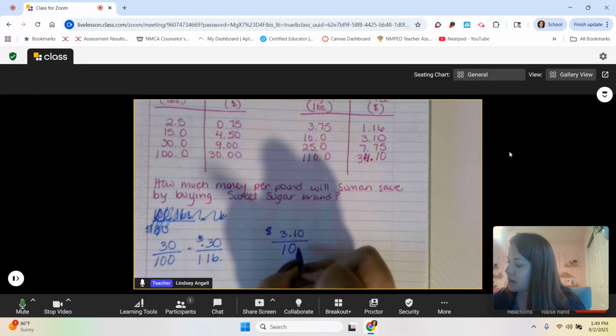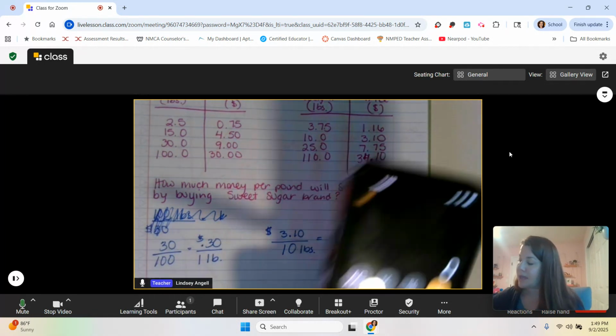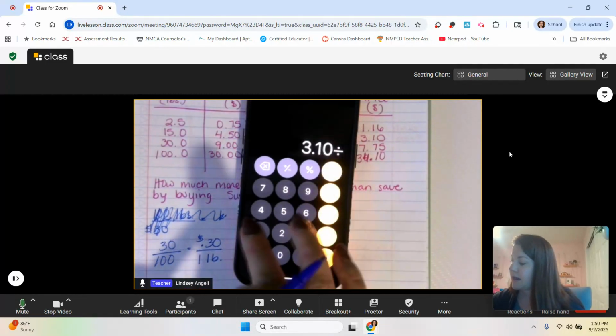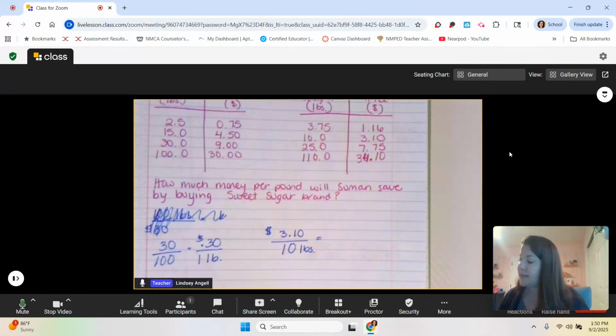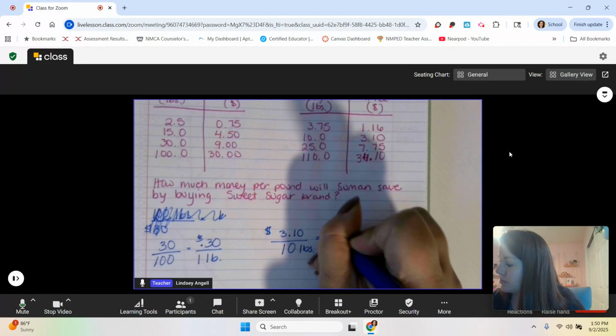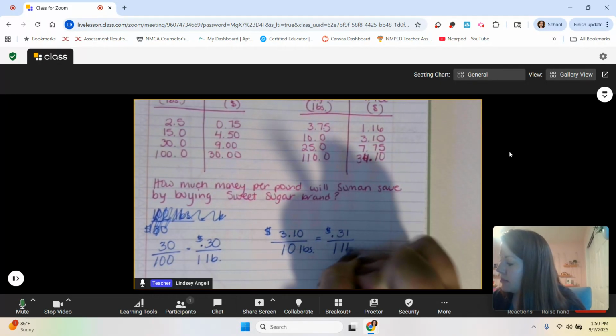Okay, so that's dollars. This is pounds. Well, if I do that on my calculator, if I take $3.10 and divide it by the 10 pounds, that's 31 cents. 31 cents for 1 pound.